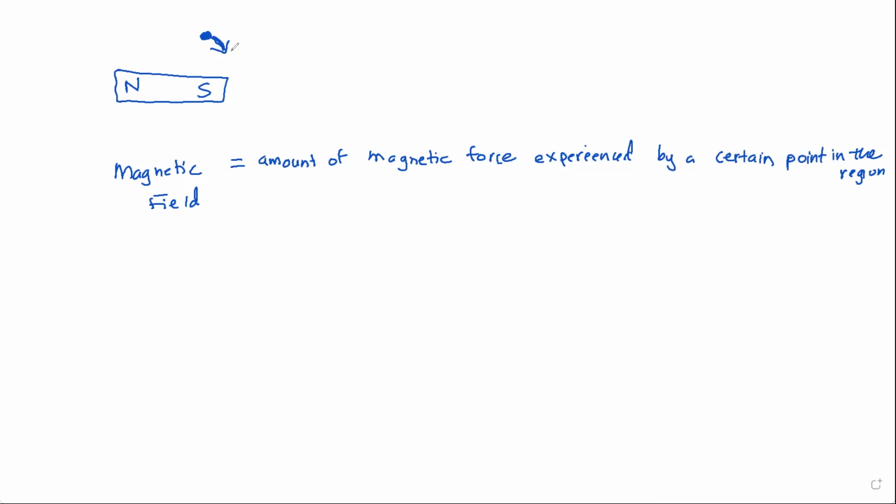Magnetic flux is the total amount of magnetic field lines across a certain surface.